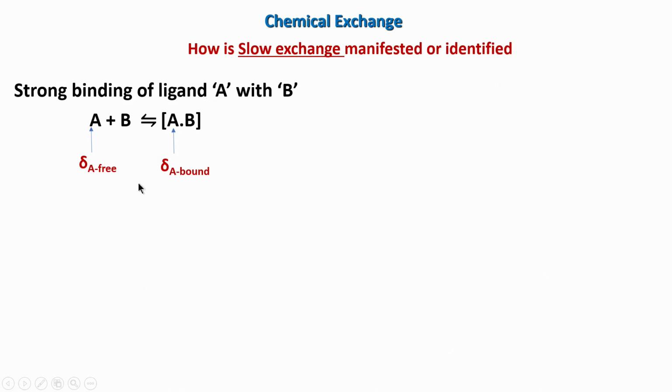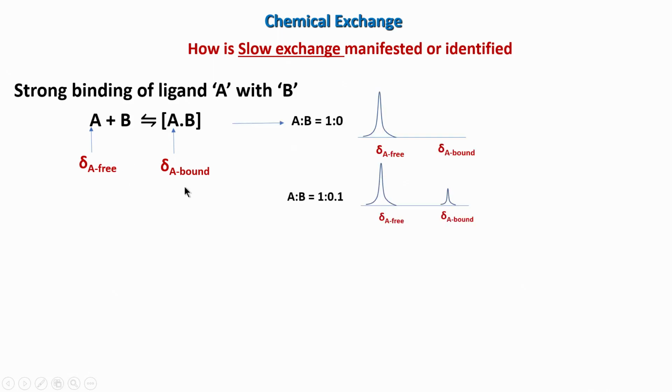Again, remember what is strong and weak is based on the Kd value. So, typically if your Kd of interaction is somewhere from micromolar to nanomolar, we can say that it is a strong interaction, and in such a case the free ligand and bound ligand will have different chemical shifts.